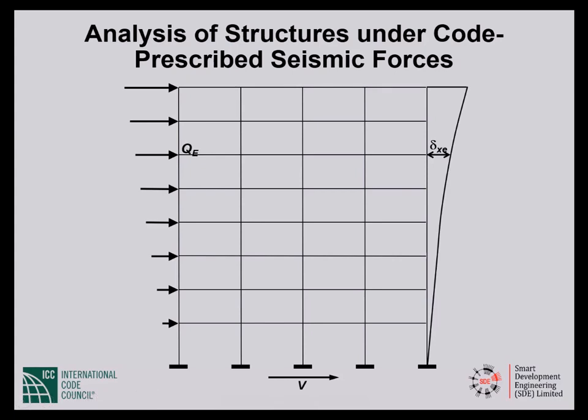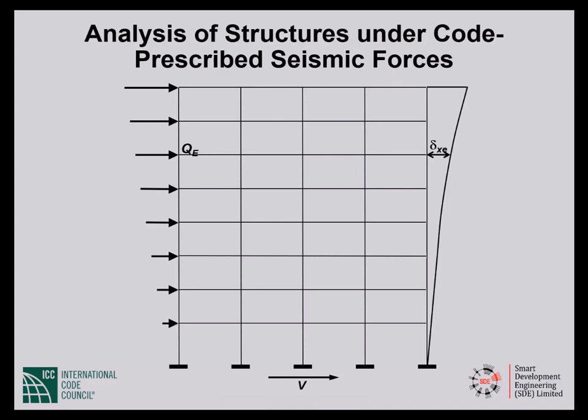Q sub E is bending moment at a beam section. It is shear force at a column section. It is axial force in a column. It is generic notation for all internal forces. The same analysis will give us lowercase delta sub xe, which is the elastically computed deflection at floor level x.